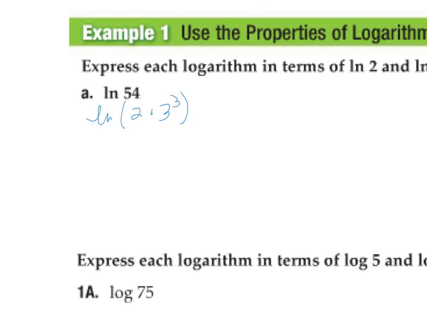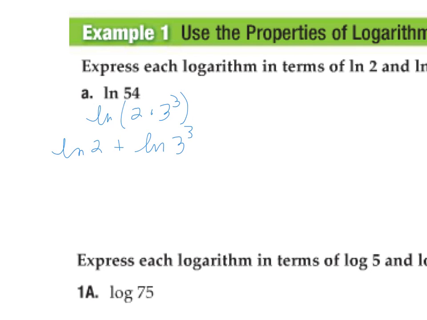Then if I look at my product property for logarithms, where the natural log is just log base e, I see that I can change that product to a sum. So I can rewrite that as the natural log of 2 plus the natural log of 3 to the third.